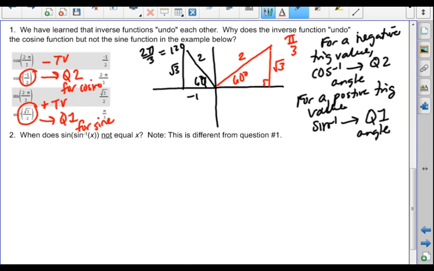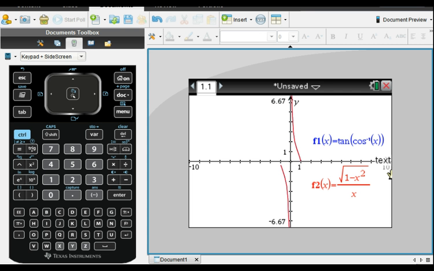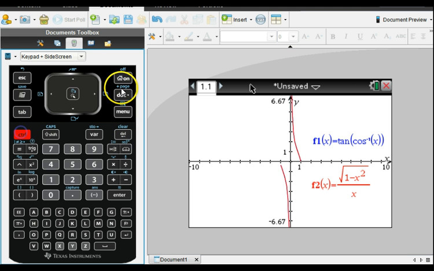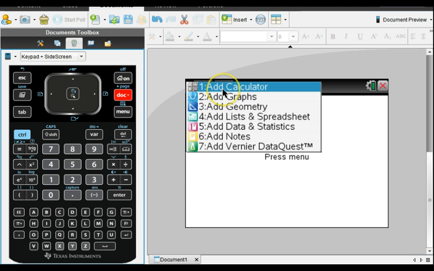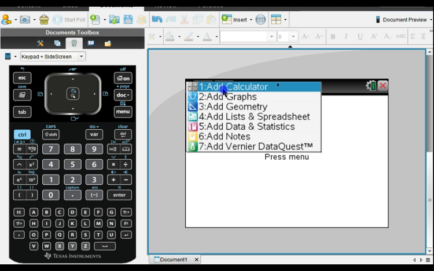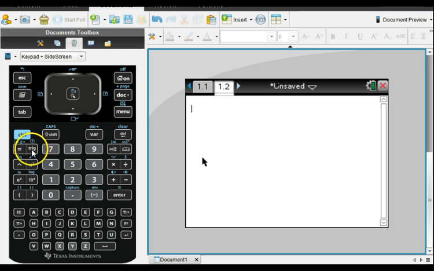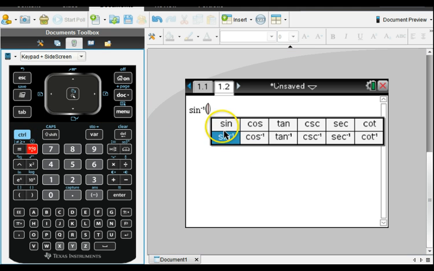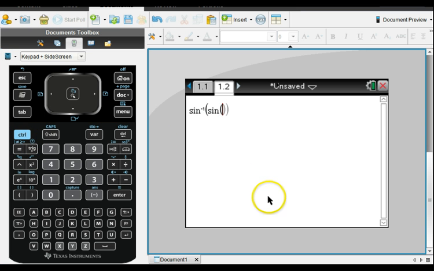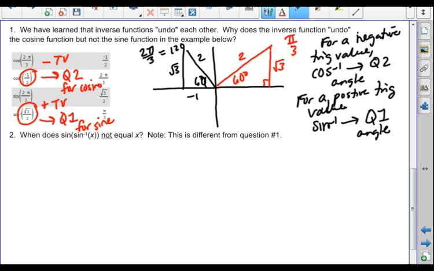All right, so we could try some values. Let's add a calculator page and say inverse sine of 2. Or did I do that backwards? I think I may have done that backwards. It's sine of inverse sine.